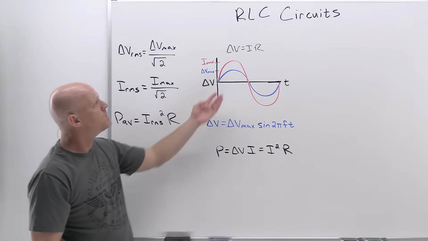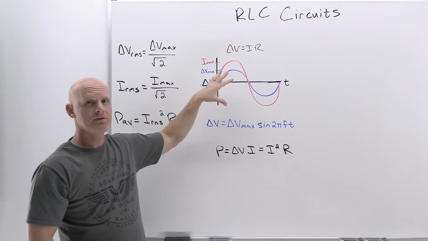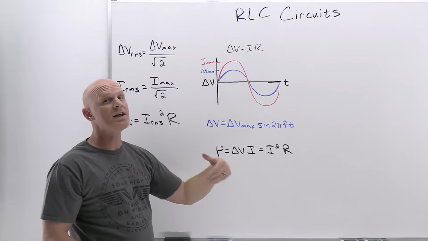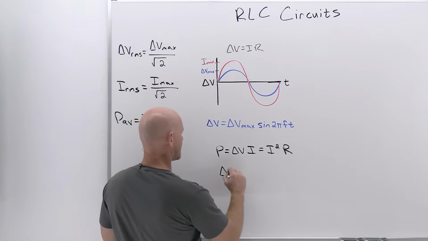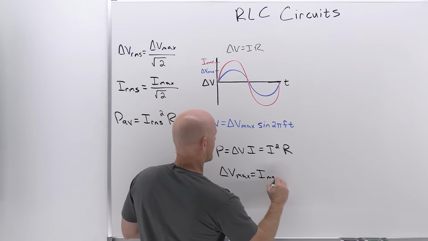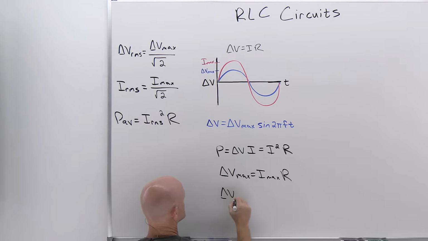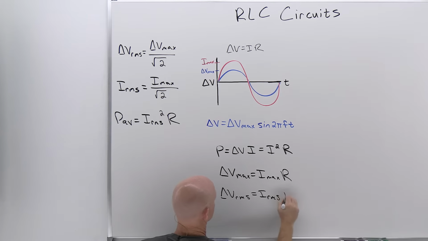Now we set up Ohm's law here just a little bit ago. Ohm's law is going to take on a slightly different flavor here because we've got different points in time, but it's true at every single point in time. And so a couple key points in time we might look at are the maximums. So delta V max equals I max times R, or with the RMS it works as well. So delta V RMS equals I RMS times R as well.